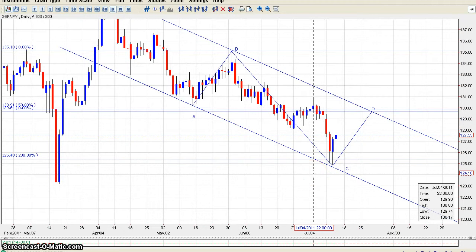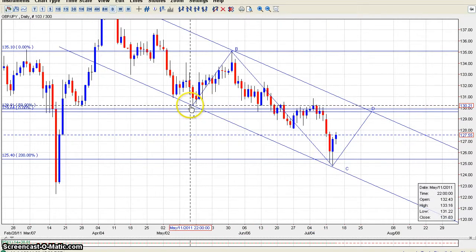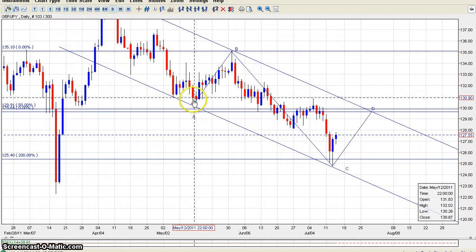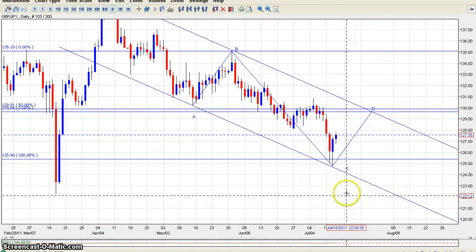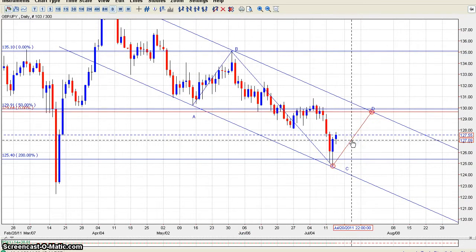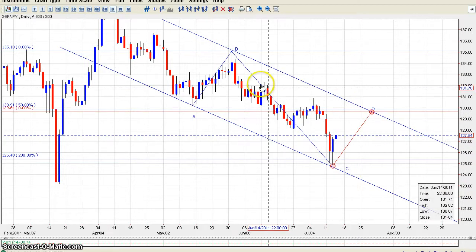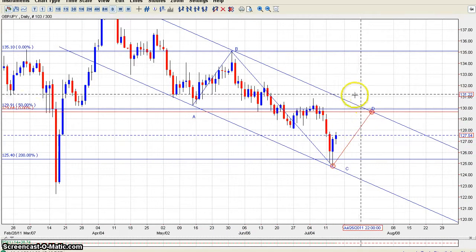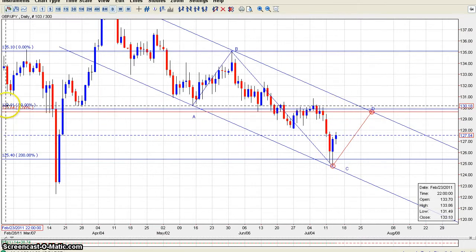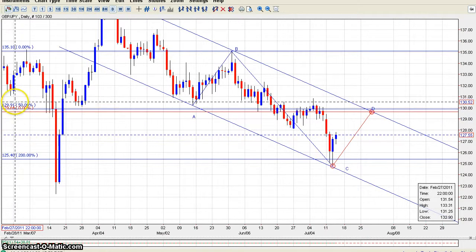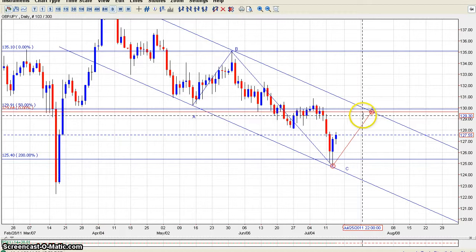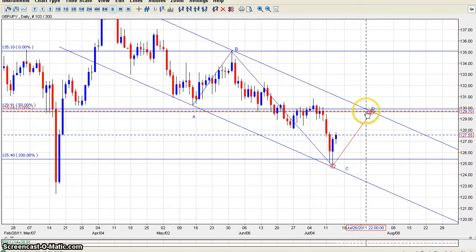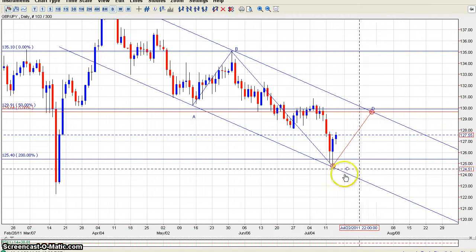Another way of doing this is to measure the AB leg and project that from the C point, which is what I've done here. This line here is a replicate of the AB leg, projected from the C point. So from there I have a 91 to 64, roughly 30 pip range of where price should rally up to before the downside movement inside this channel.